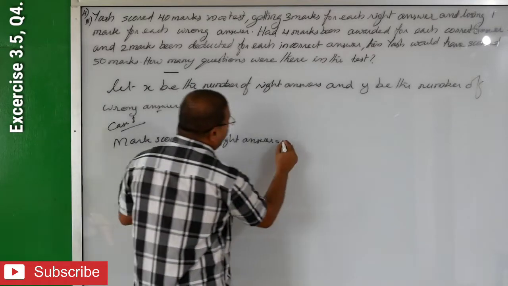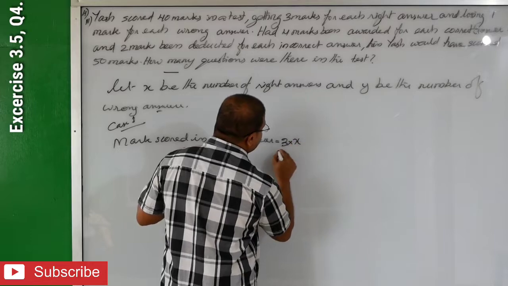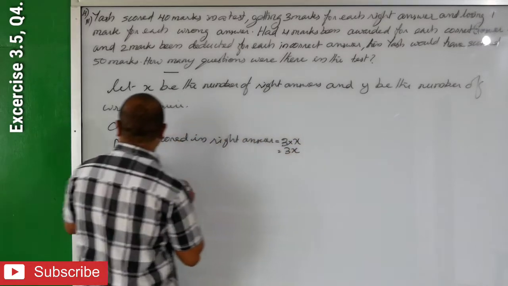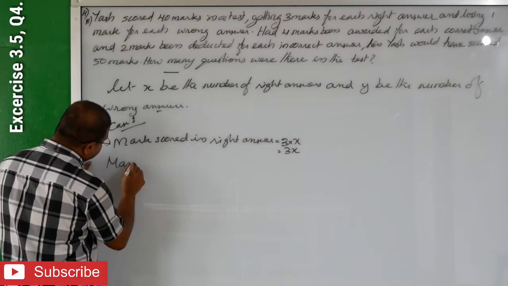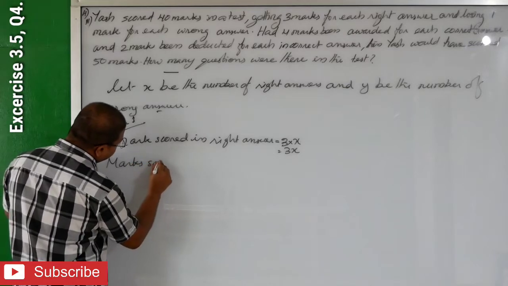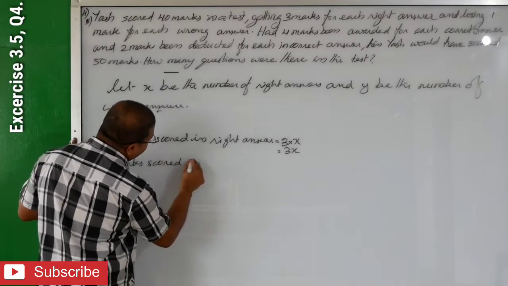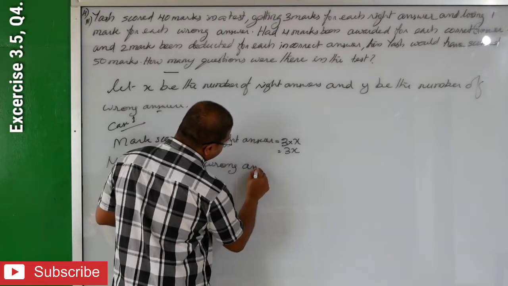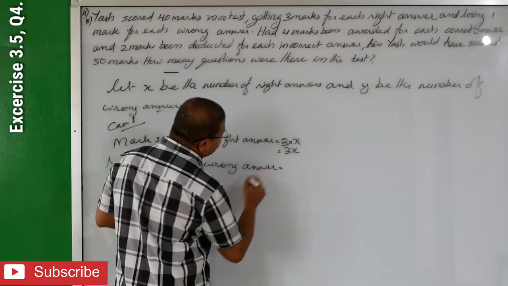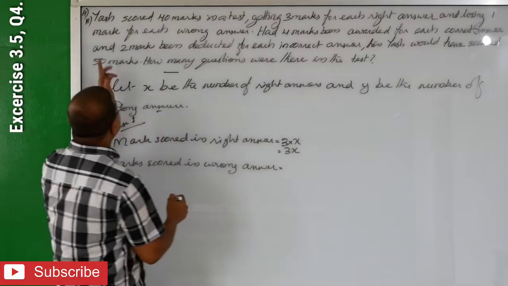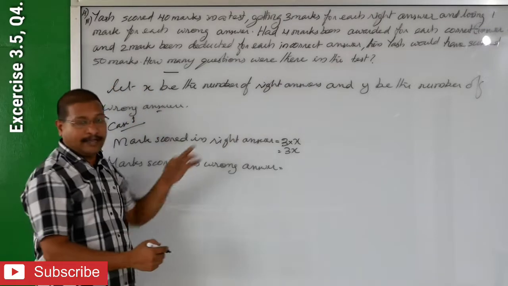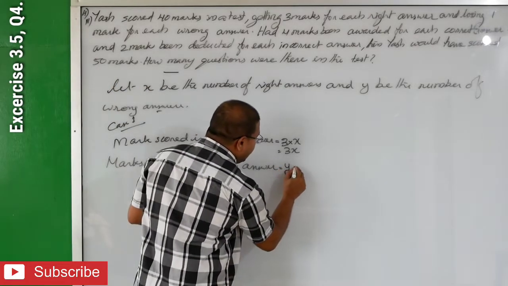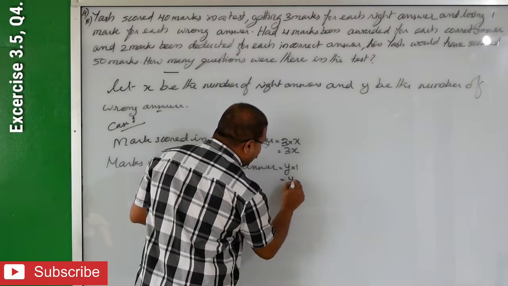That means 3 into x. That is 3x. And marks scored in wrong answer equals, what will happen? 1 into the wrong answer number is y. That means what will happen? Y into 1 or 1 into y, that is y.